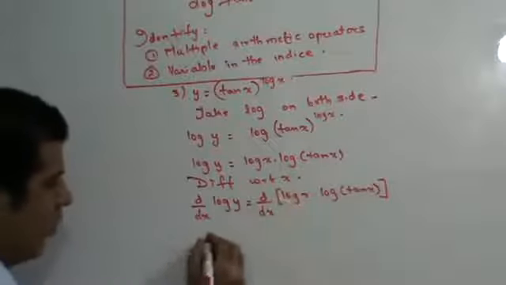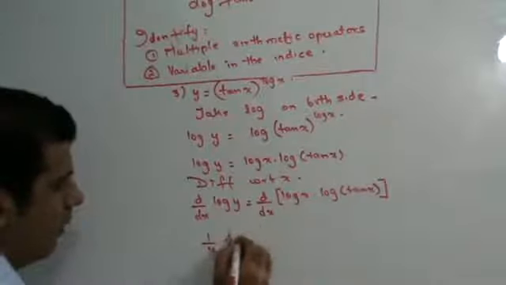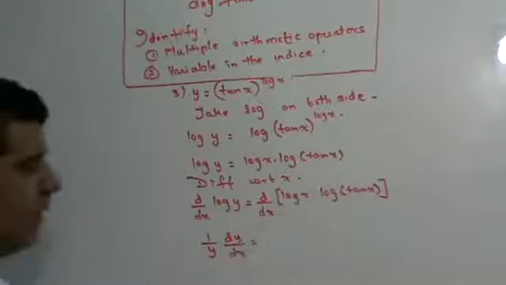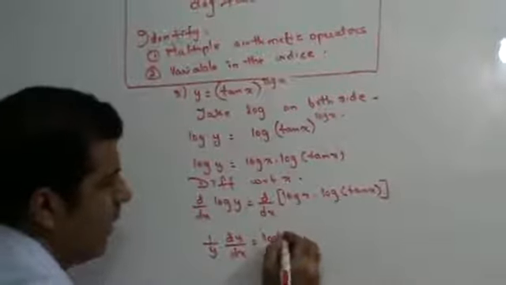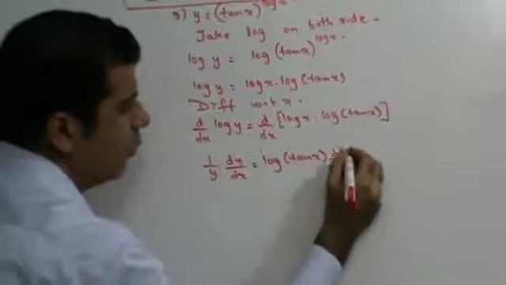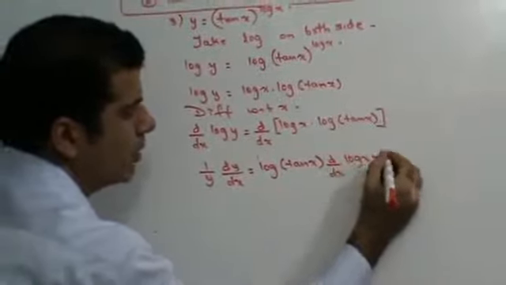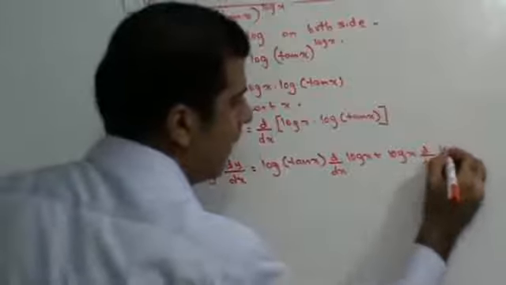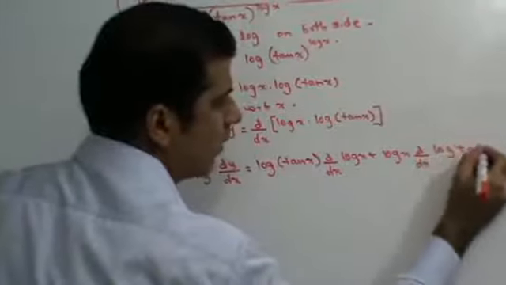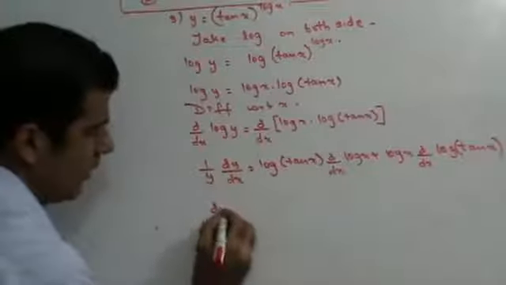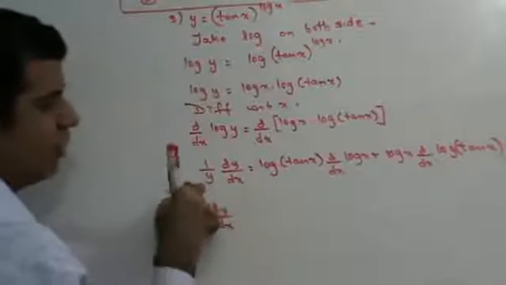d/dx of log y is 1 upon y dy/dx. UV formula, multiplication formula, v derivative of u plus u derivative of v, log tan x. Fine. dy/dx, y is division on this side.